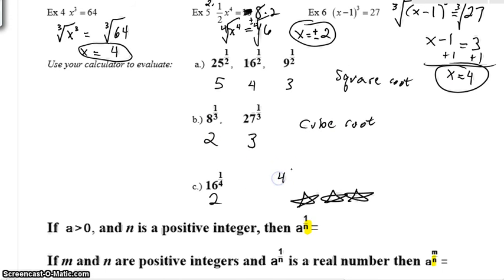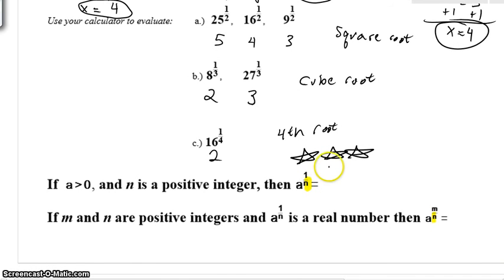This would be a fourth root, which leads us to this super important definition, that a to the 1 over n power is the nth root of a. It's the nth root of a. Super, super, super important.